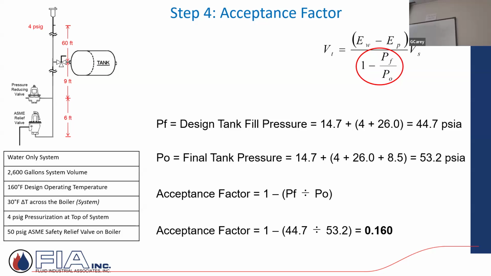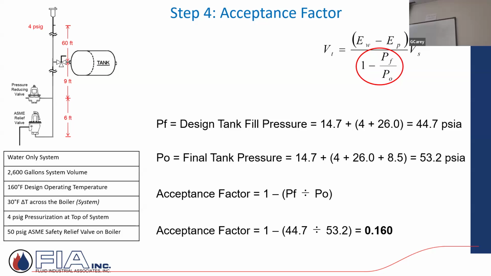And then my final tank pressure, which is absolute: atmospheric, 4 at the top, the 26 pre-charge, plus the allowable increase to keep that relief valve at 45 pounds or under. These are my two numbers. So I apply it to this formula right here, and I come up with a factor of 0.16.